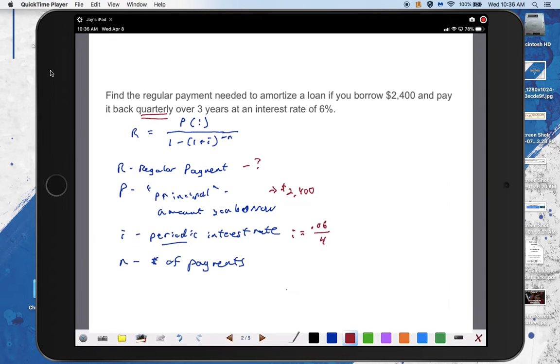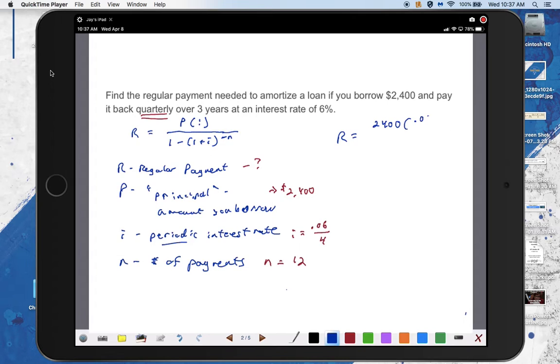It might be easier to just use a variable in the calculator. Now the number of payments, the N, is going to be 12, because we're paying this back quarterly over a 3-year time period. So let's go ahead and punch all this in.